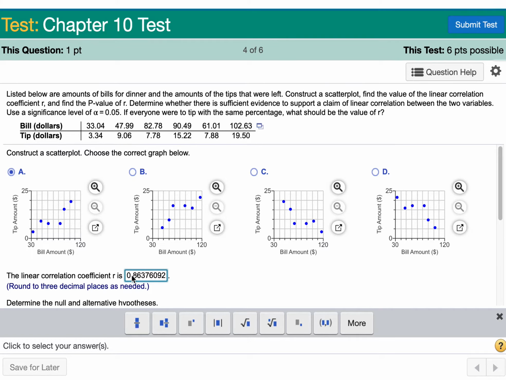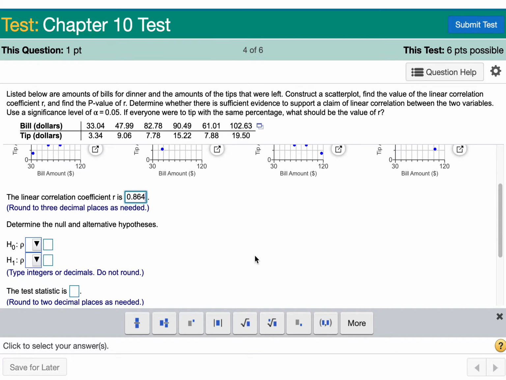So in some kinds of APA formatting, they might leave that 0 off. I'm not sure if you'll learn about that in your psychology research classes or not. So I need to round this off to 3 decimal places. 0.863 would round off to 0.864 because of the 7 after the 3.